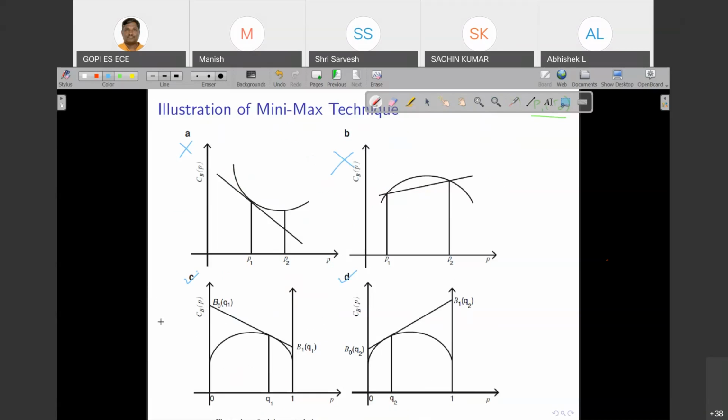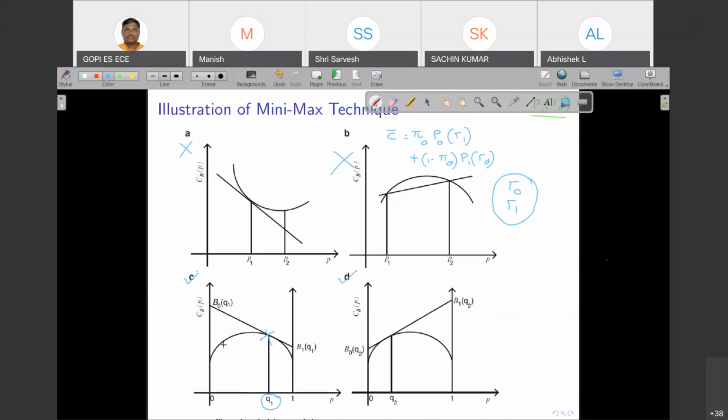So now what this figure is actually giving you: you are fixing the prior probability, and you are designing this Bayes rule. Designing the Bayes rule means you are getting this gamma naught and gamma 1. Once this gamma naught and gamma 1 are frozen, then the cost function, pi naught P naught of gamma 1 plus 1 minus pi naught P1 of gamma naught, has a value that is exactly this.